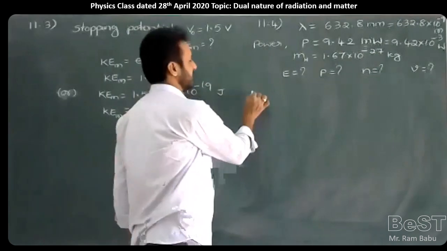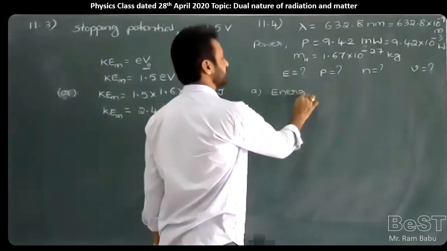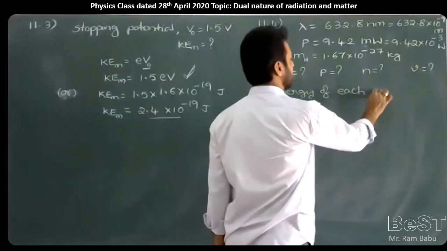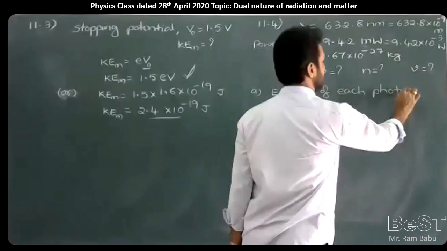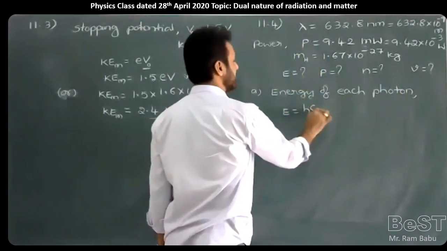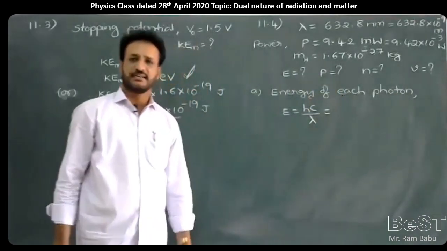Now first one, A: energy of each photon. We have the formula E is equal to h nu or hc by lambda.